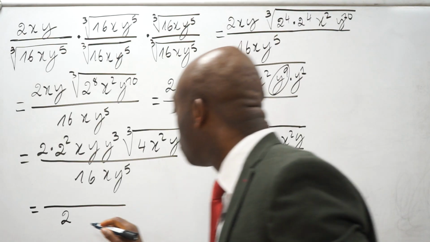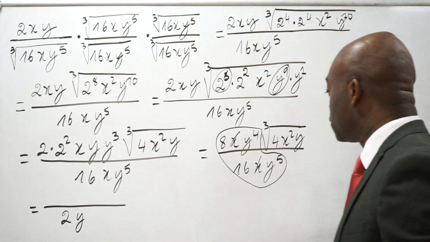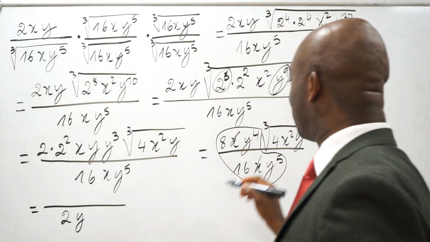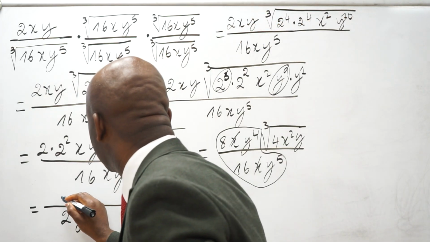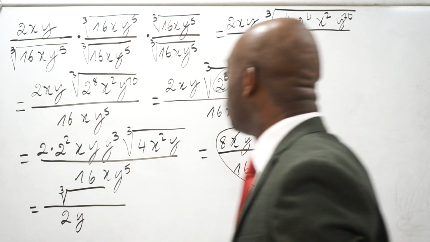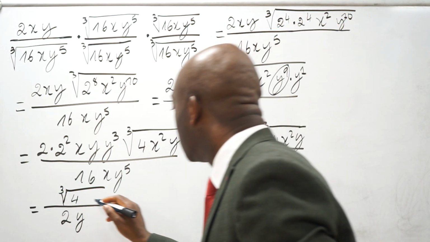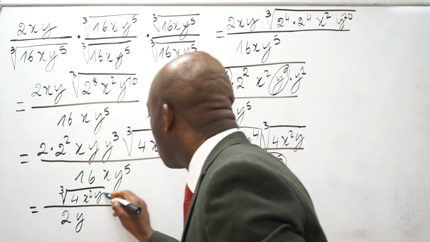So it's 2y at the bottom, and then on the top, you only have cube root of 4 x to the 2nd y.